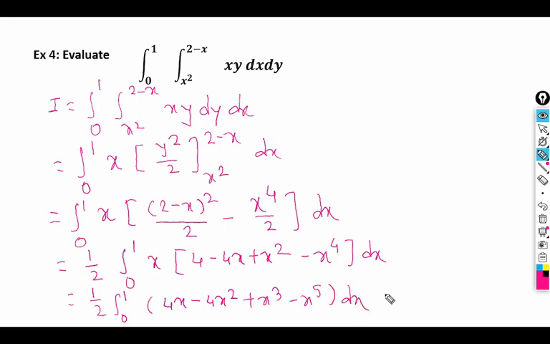Now only two steps are left. We just have to integrate this with respect to x and put in the upper limit and the lower limit. A simple integration, the same formula. So this 1 by 2 is a constant as it is.